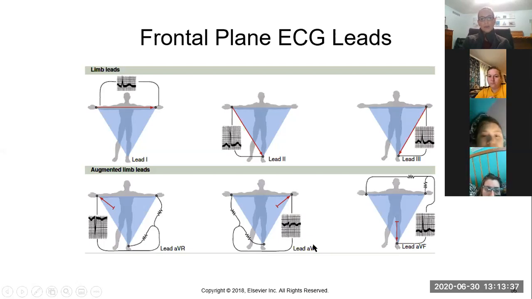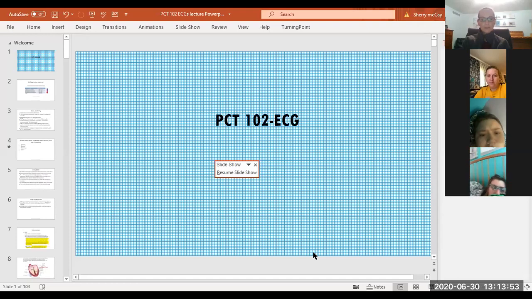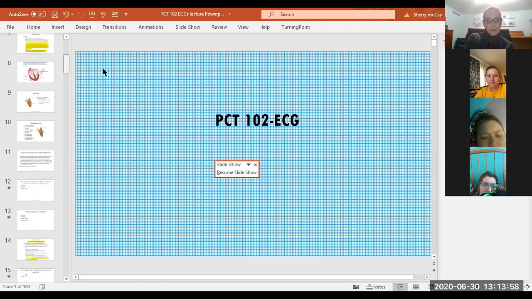Lead 2. I don't see it. You don't see this? No. Are you guys not seeing it? Rebecca, are you seeing it? I'm seeing the frontal plane ECG leads. What happened? All right, let me find out what's happening here. Pause share. What are you seeing now? The beginning, the cover page, PCT 102.